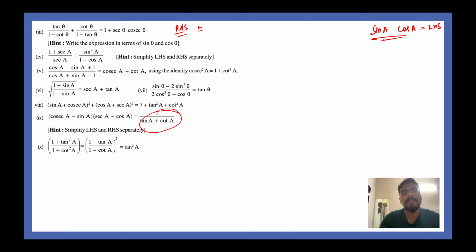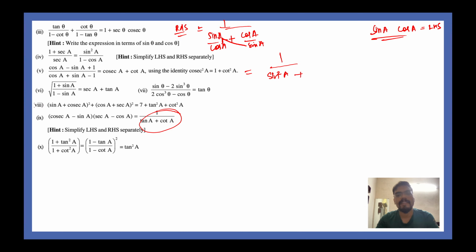RHS is equal to 1 upon, tan A can be written as, guys, sine A divided by cos A, plus cot A can be written as cos A divided by sine A, right? This is equal to 1 upon, taking the LCM in the denominator, you get sine square A, because you multiply this sine A with this sine A, plus multiplying this cos A with this cos A will give you cos square A. This is divided by cos A times sine A. This is equal to 1, and now I'll keep this 1 as it is.